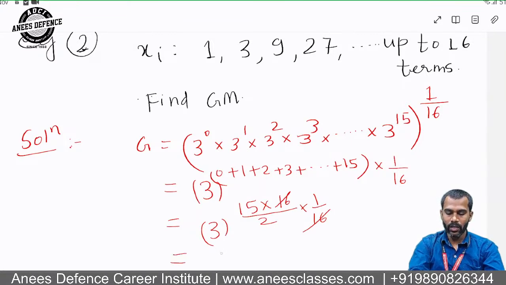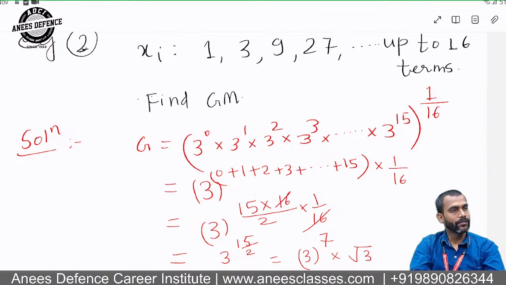So we already know 3 raised to 15 by 2 can be written as 3 raised to 7 into root 3. Yes or no? That is the final answer. Or I can write, what is 3 raised to 7? 3 raised to 6 is 729.